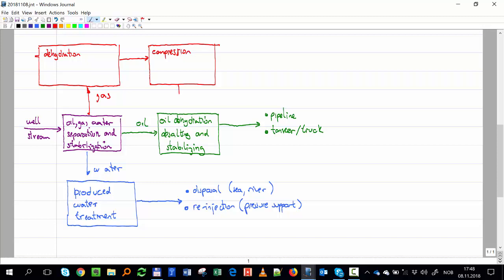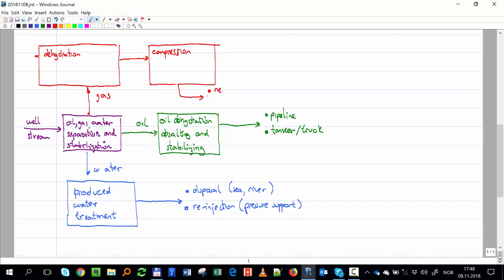And sometimes that gas just goes right away for re-injection, or it can also go to gas lift. It doesn't go into that oil box, they are just in the same place. So let's maybe make it here on the side.